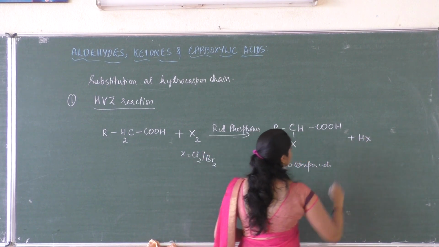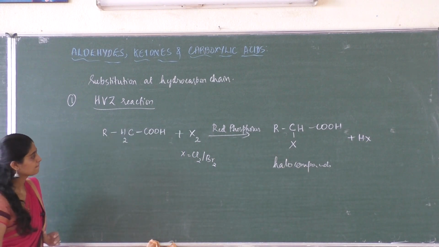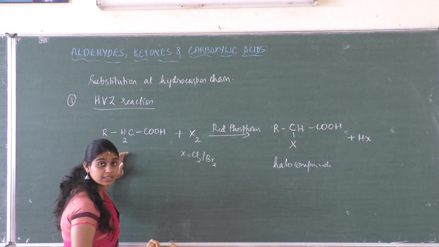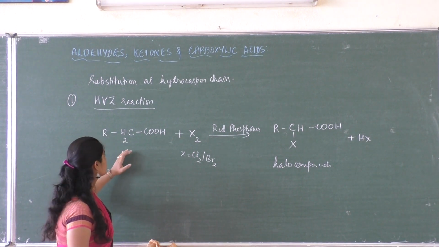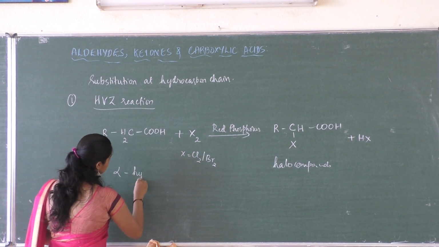Plus HX. So that is carboxylic acids which consist of, the condition you need to mention, alpha hydrogen atoms.